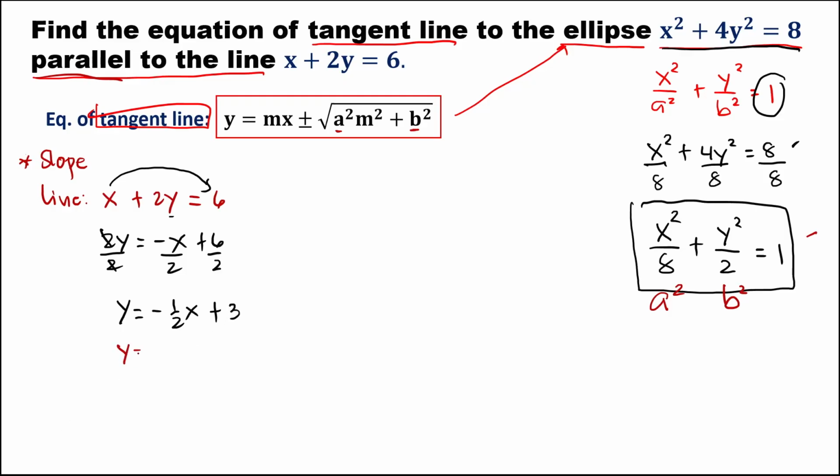Then from the slope formula, y equals mx plus b, where m is the slope. So therefore, from this equation of the parallel line, the slope m equals negative 1 half.